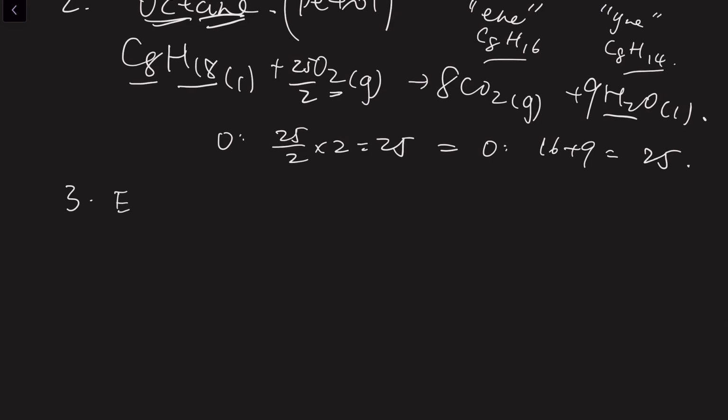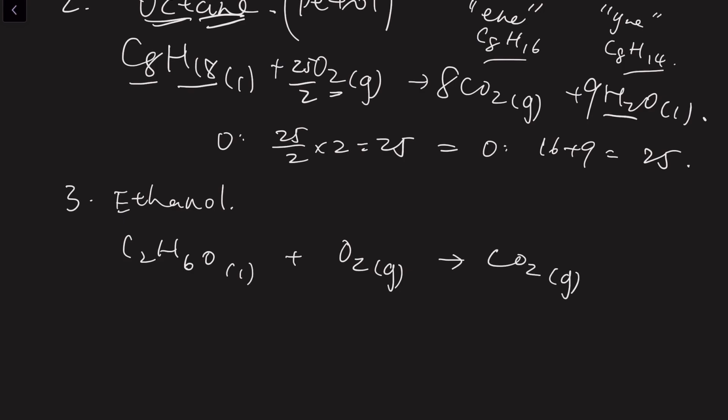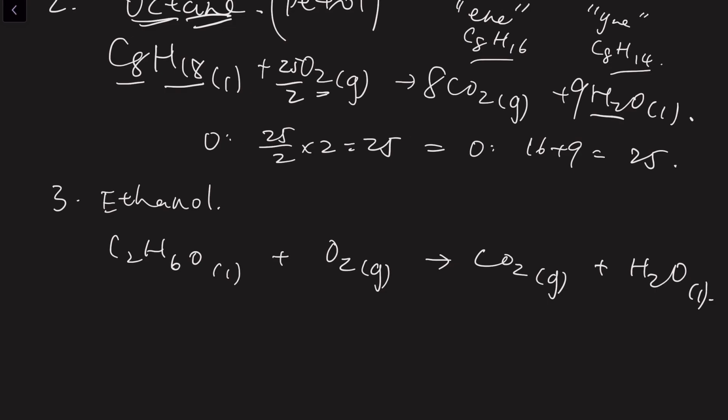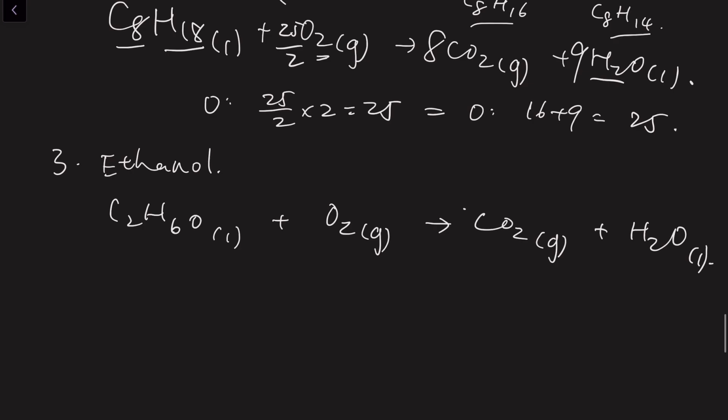Next one is ethanol. Again, everything is the same as before. Ethanol is a liquid at room temperature. We need 2 carbons here, 3 water here. So here we have 3 oxygen plus 4, 7 oxygens.